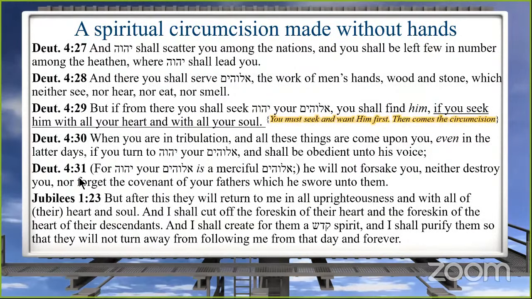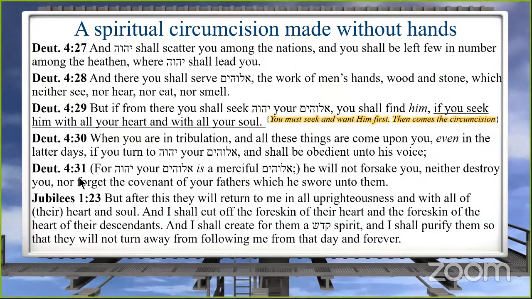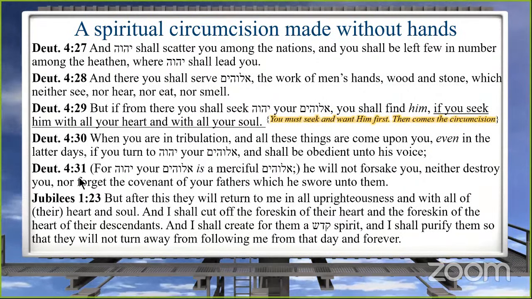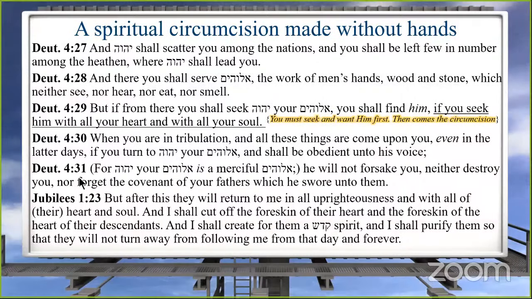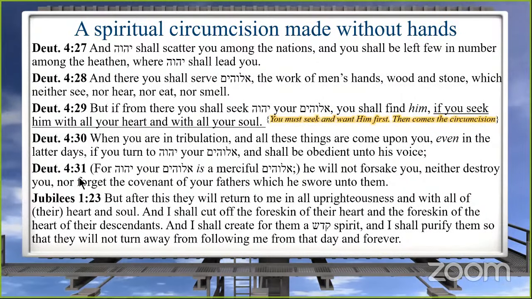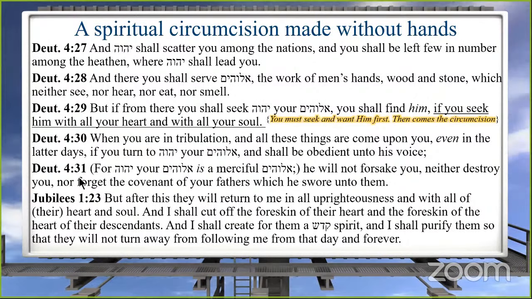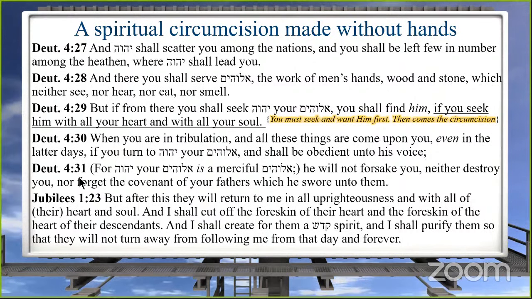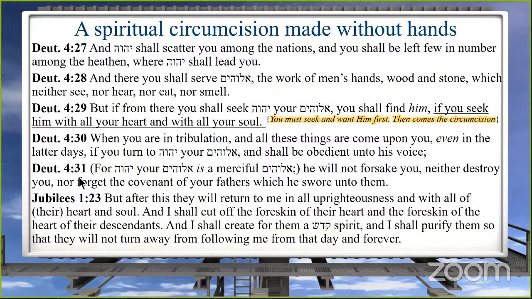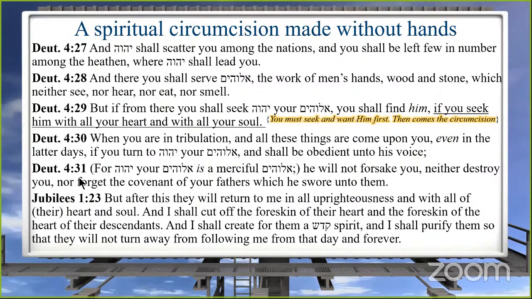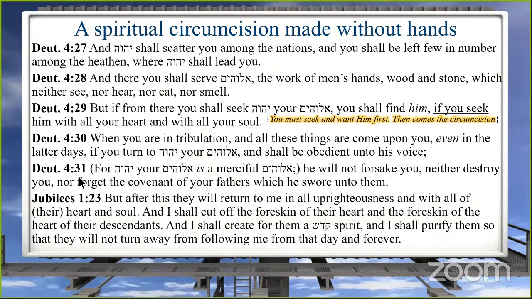But if from there you shall seek Yahuwah Elohim, you shall find him, if you seek him with all your heart and with all your soul. So my little note there is you must seek and want him first. Then comes the circumcision. So again, you're going to be scattered to the four corners of the earth, and then when you're there, he's waiting on something. Okay?